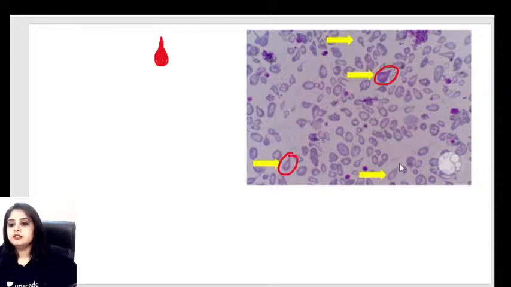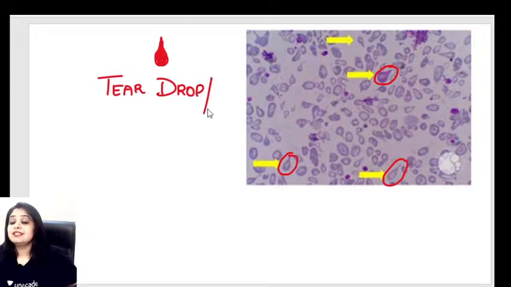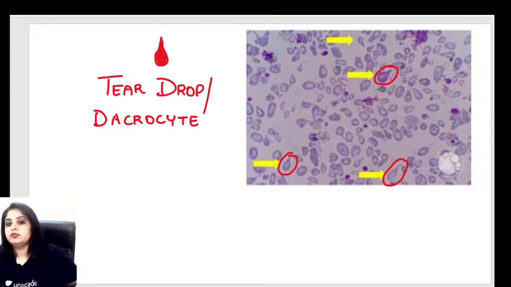This cell over here, this cell over here. There'll be one pointed extension coming out of it. That is what you will call a drop of water or a drop of tear. That is a teardrop, and that's the third D. That is known as dacrocyte. So three D's that I've taught you: degmacyte, drepanocyte, dacrocyte.